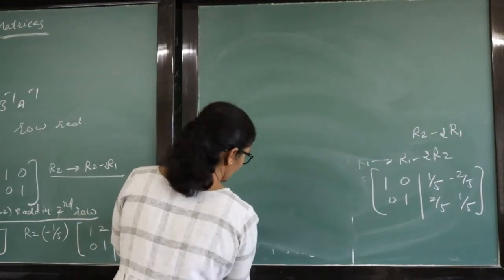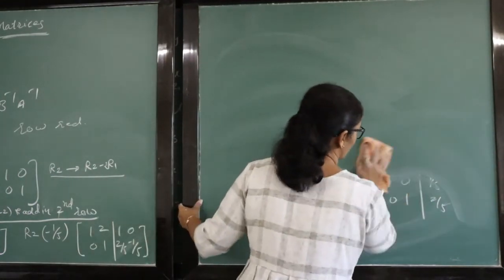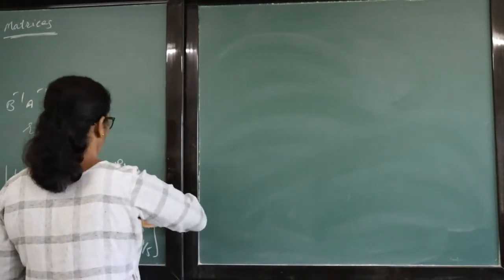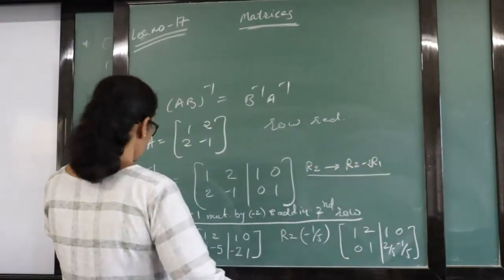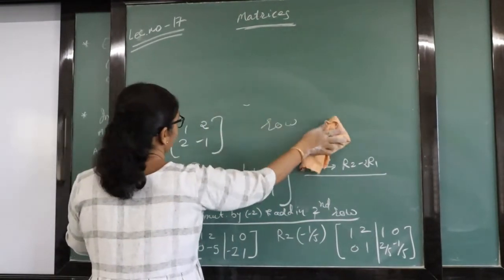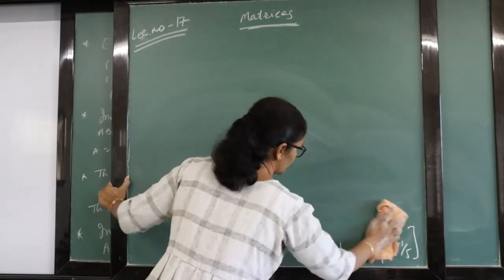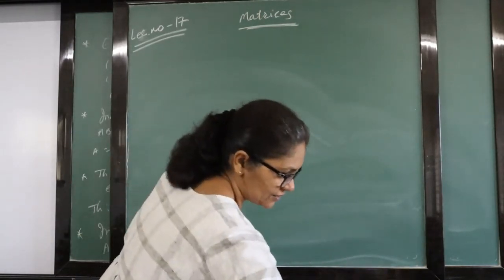Just now, in this class, I explained only a 2 by 2 sum. In the next class we will discuss 3 by 3 also. But to understand the easiest way, first we follow 2 by 2 only. Now I explain one more question in which the inverse will not exist. I will show you that.